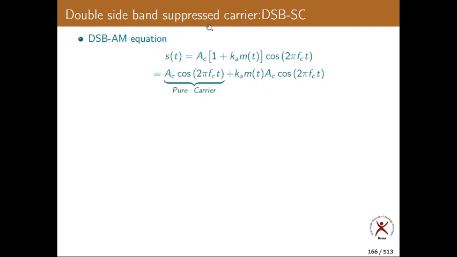If you remove this, you get another new modulation scheme known as double sideband suppressed carrier. So you are suppressing the carrier. If you suppress the carrier, you will get only two components in the spectrum. What are they? Double sidebands, upper sideband and lower sideband. There won't be any carrier, the carrier is being suppressed.